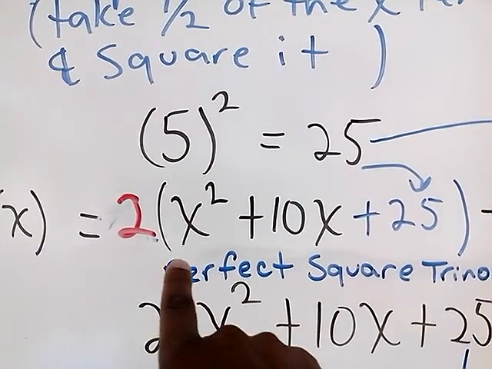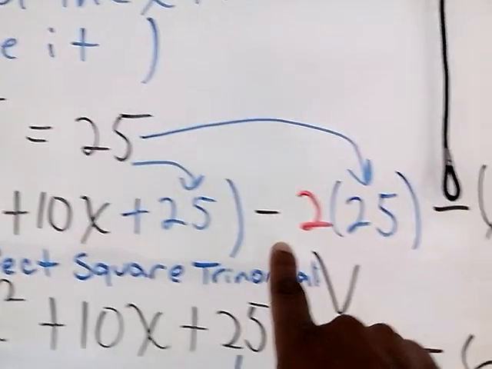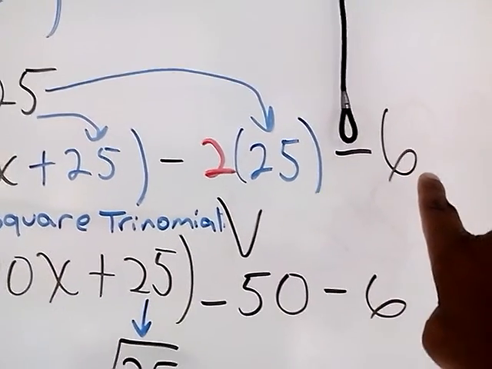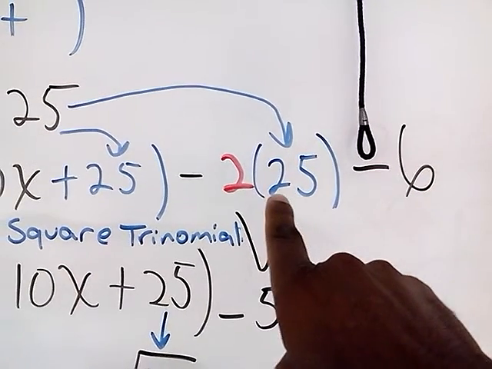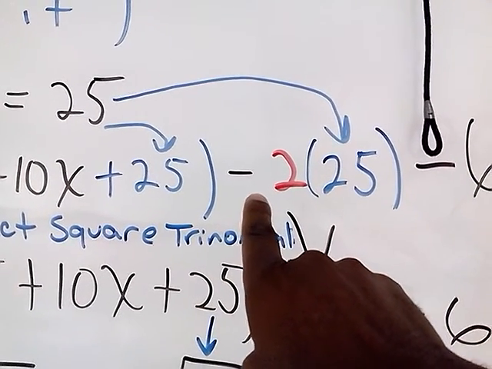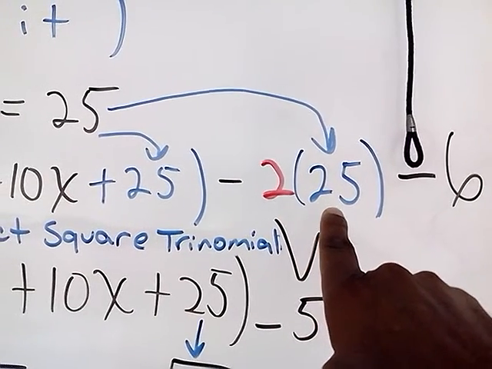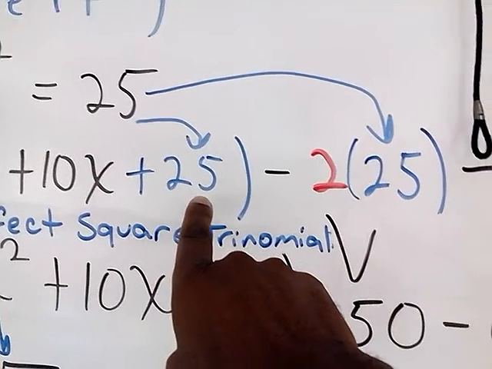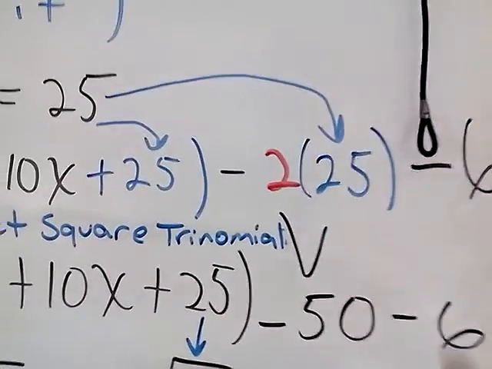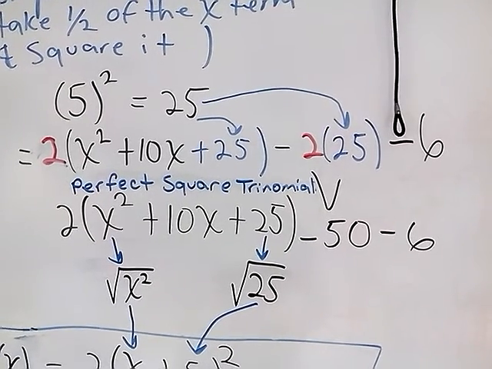But also remember that we factored out a 2 originally. We did not factor that 2 out of the 6 that we had there. So we also subtract 2 times 25, from 1/2 squared of that x term. So this is what we get in that case.